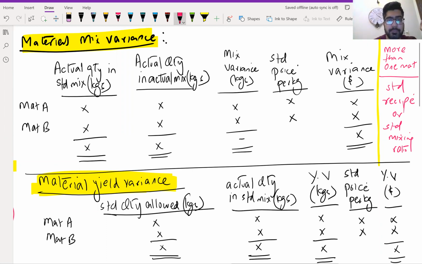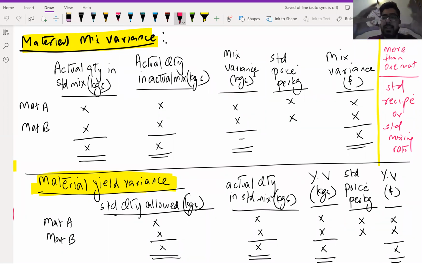It has four materials: flour, eggs, butter, sugar. You cannot say input each material in whatever quantity you wish. No. There is a standard recipe or mixing ratio that this much egg should be input, this much flour should be input, this much sugar should be input.